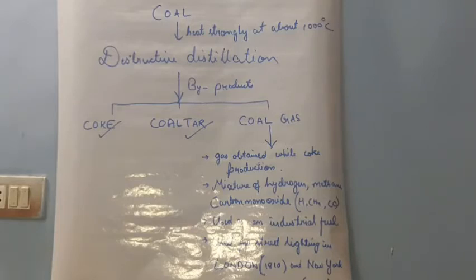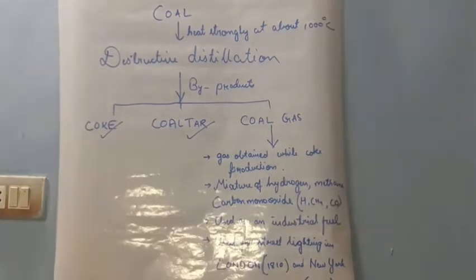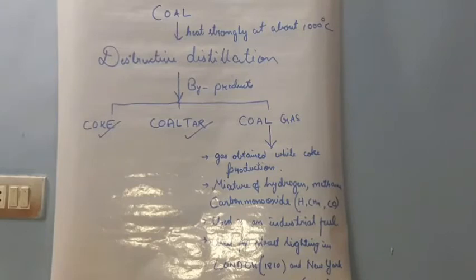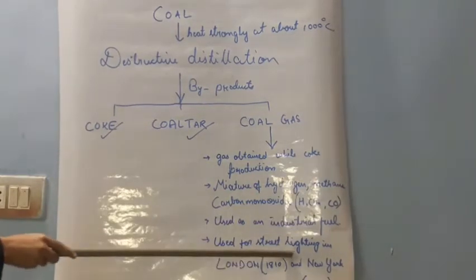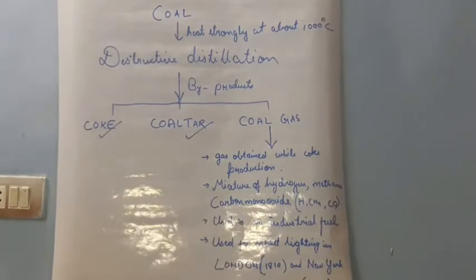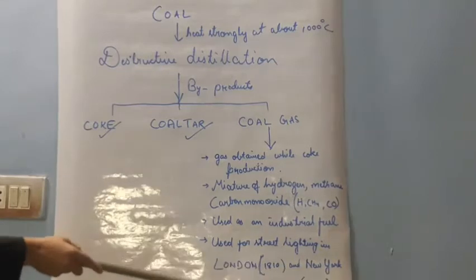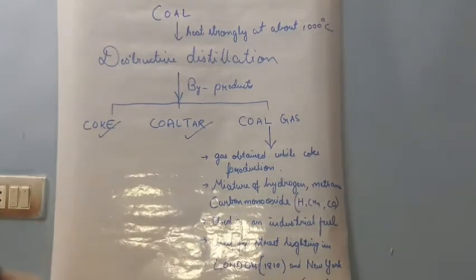Okay, but it is used as an industrial fuel. In industries, it is used as a fuel for many purposes. Then it is used in lighting. In street lights, it is used. And earlier it was used in London in 1810 and in New York in 1828. So I have written the years because earlier it was used, okay, but nowadays it is not used frequently.